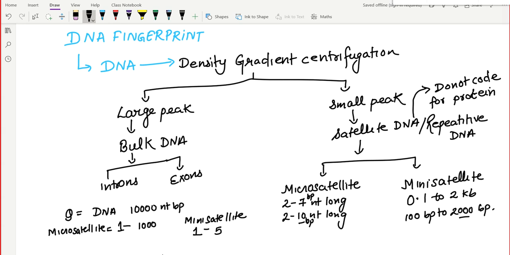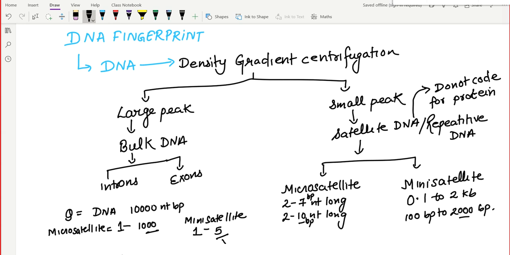Now tell me one thing. If I ask you to study microsatellites, you have to take the DNA sequence and search for the microsatellite DNA in it. Will that be easy, or will searching for the minisatellite be easy? This is 1000 times, and this is only 5 times.